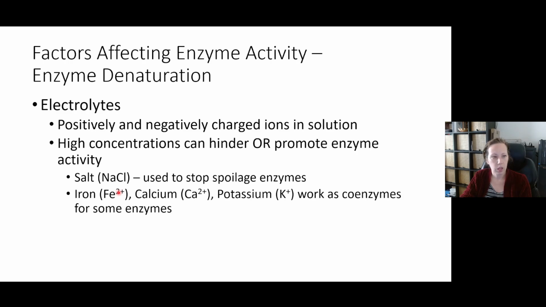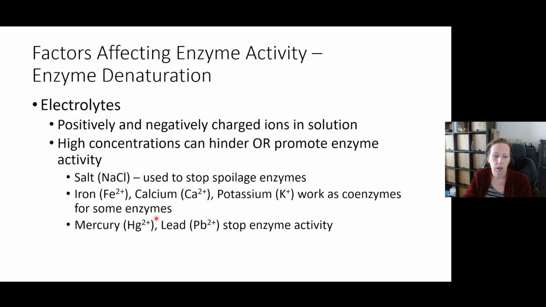and preserve products. Iron, calcium, and potassium work as coenzymes for some enzymes, and so those can actually promote enzyme activity for better or worse.